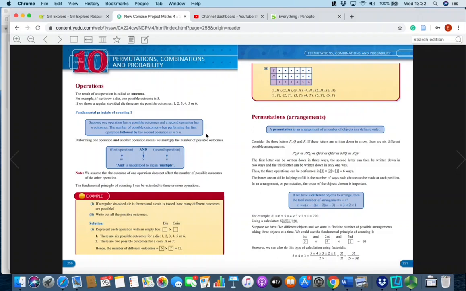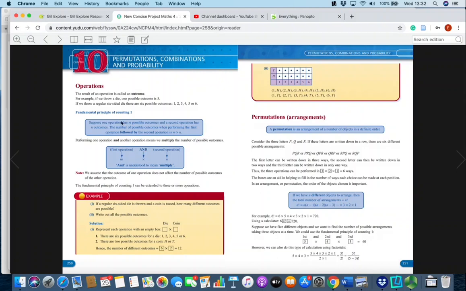When you perform one operation and another one, that brings me to the AND law of probability, which I will come to in the next recording. But it means you multiply your answers together.